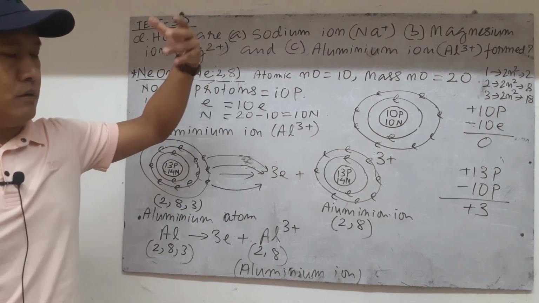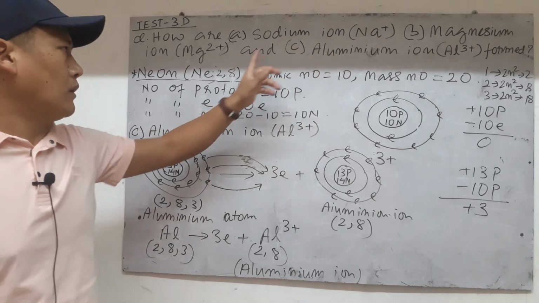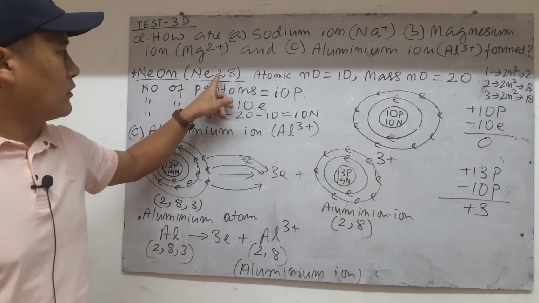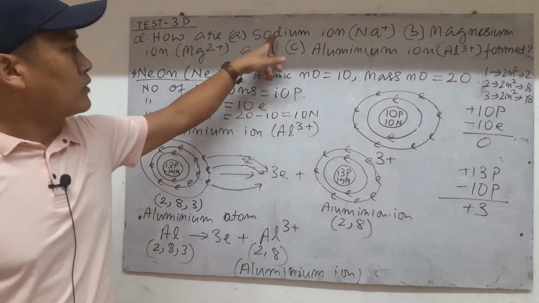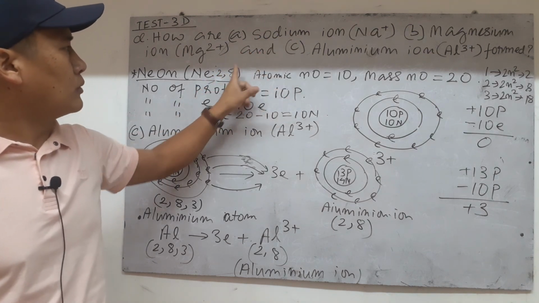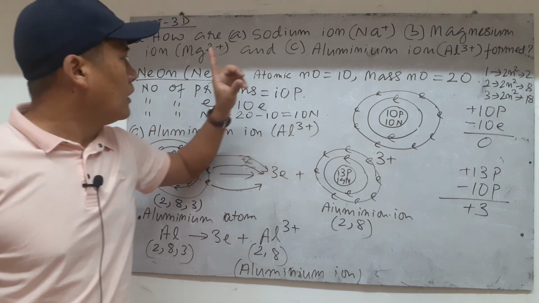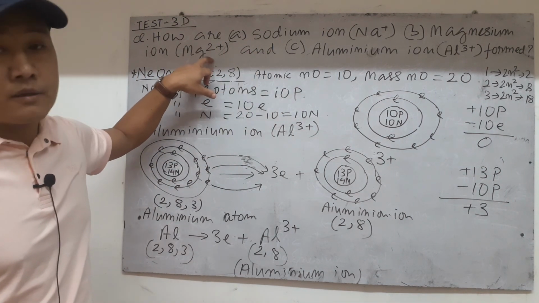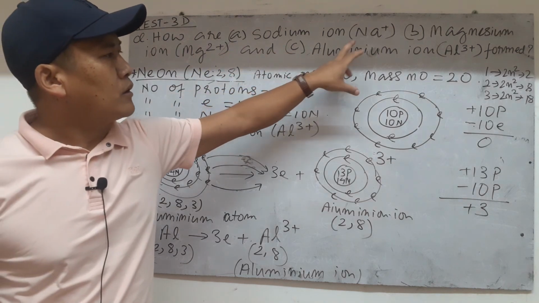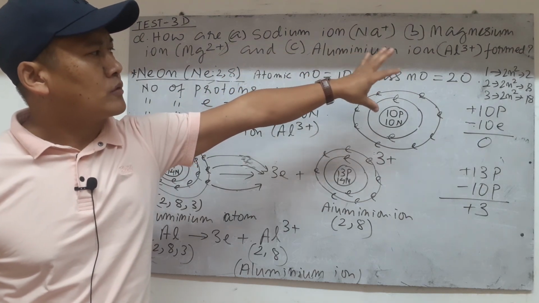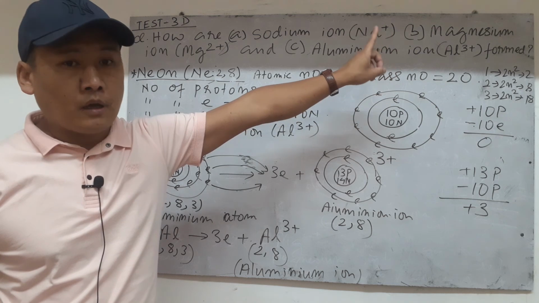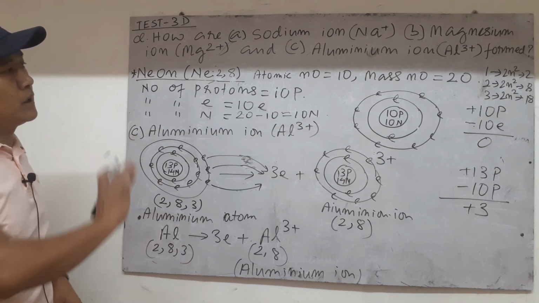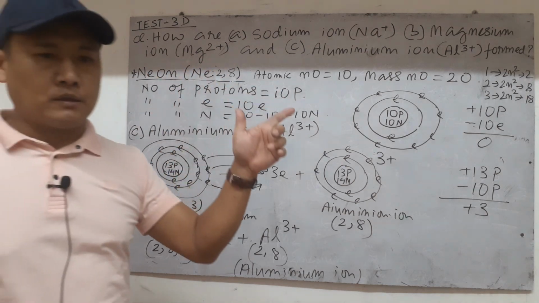In its tendency to acquire the electronic configuration of the noble gas neon, having electron arrangement 2, 8, the sodium atom loses 1 electron to become Na+. The magnesium atom loses 2 electrons to become Mg2+, the magnesium ion, and the aluminium atom loses 3 electrons to become Al3+, which is the aluminium ion. So that's how the sodium ion, magnesium ion, and aluminium ion are formed.